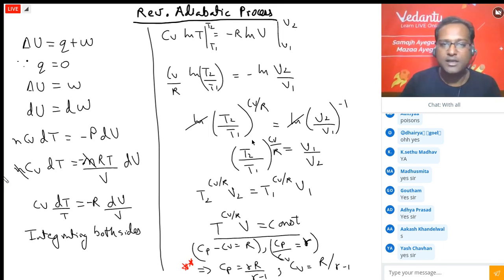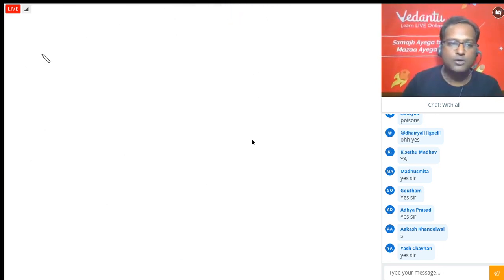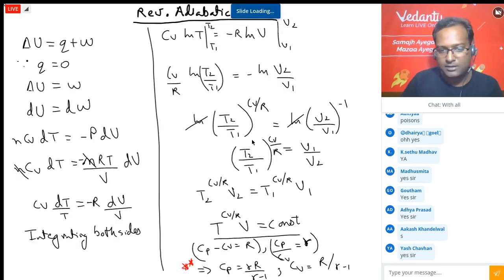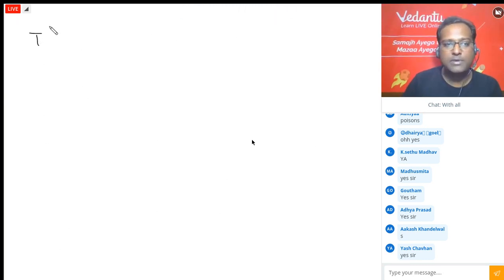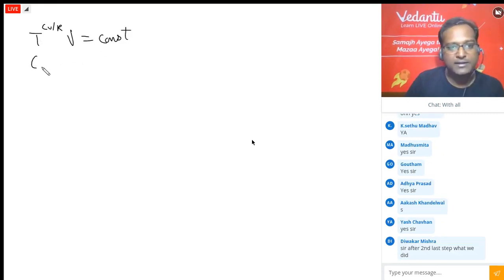Now let's continue this ahead. So I got T to the power Cv by R into V is a constant. And then I said Cv equal to R by gamma minus 1.